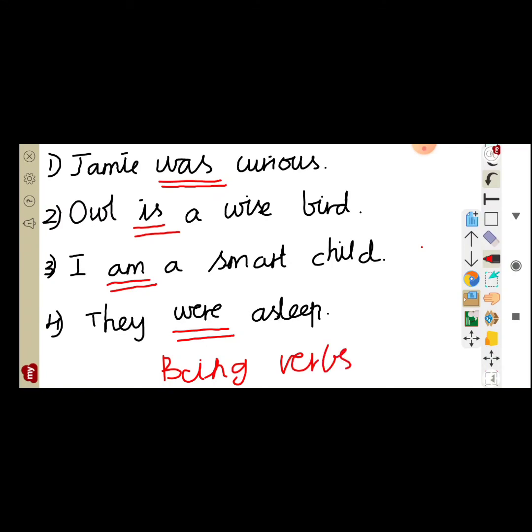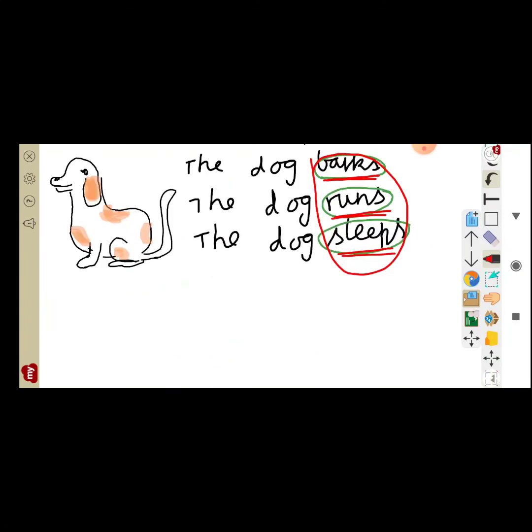So now I hope you understand the difference between doing verbs and being verbs. So words like bark, run, sleep, they express an action. So these are called doing verbs.